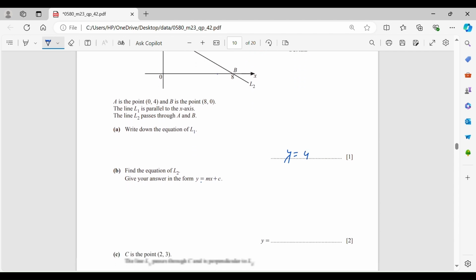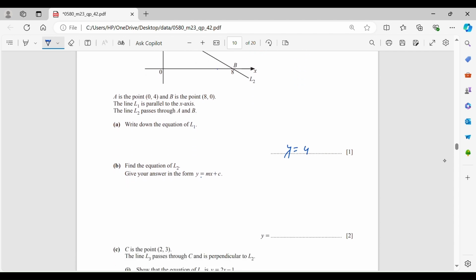For this, it is given A is 0, 4 and B is 8, 0. Let's find the gradient m. M will be equal to y2 minus y1 over x2 minus x1, which is equal to 0 minus 4 over 8 minus 0.